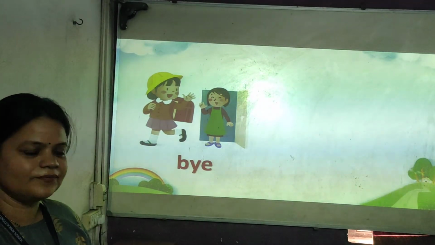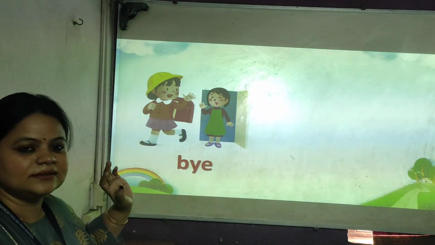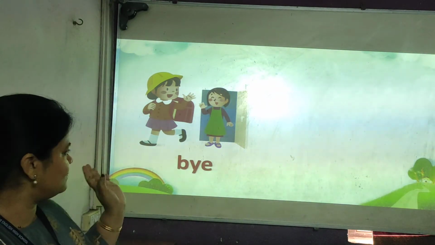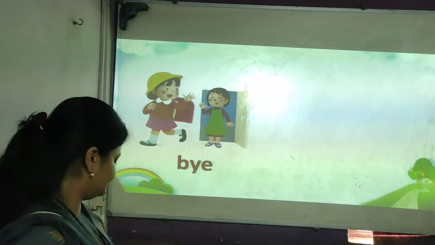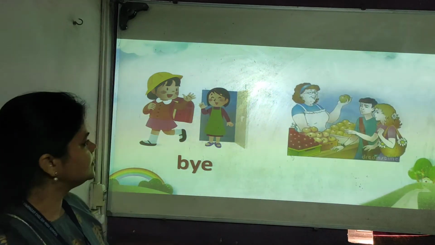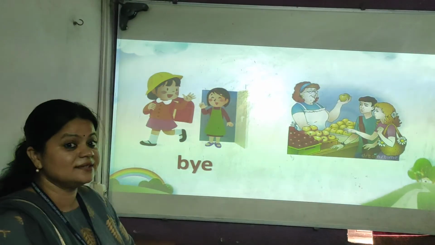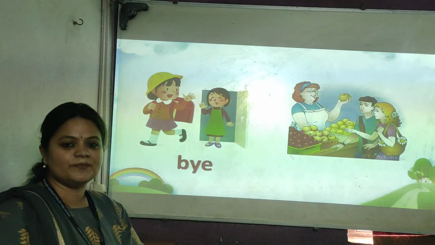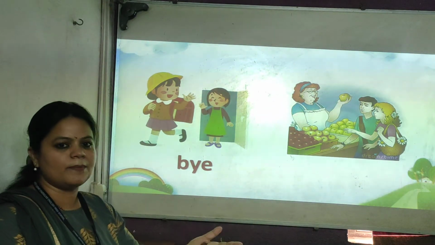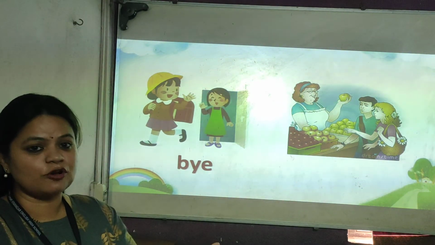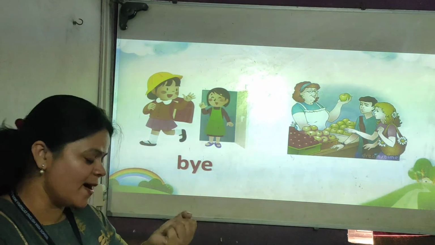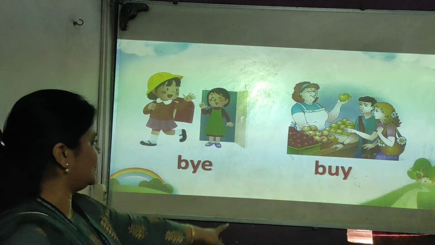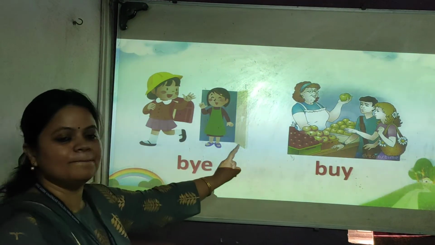What do you see here? The child is telling bye-bye to her mother. So guess by seeing the picture, if you go to a shop, why are you going to the shop? To buy something. Yes, very good. Bye and buy.